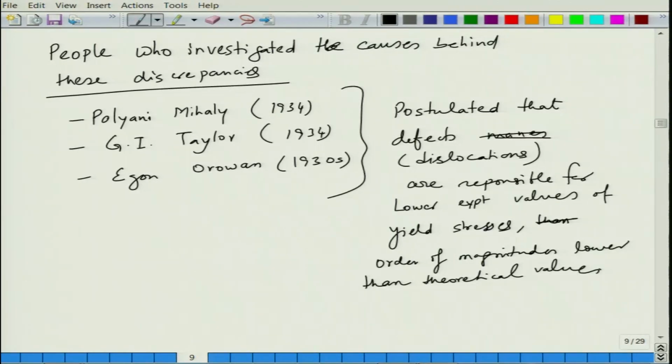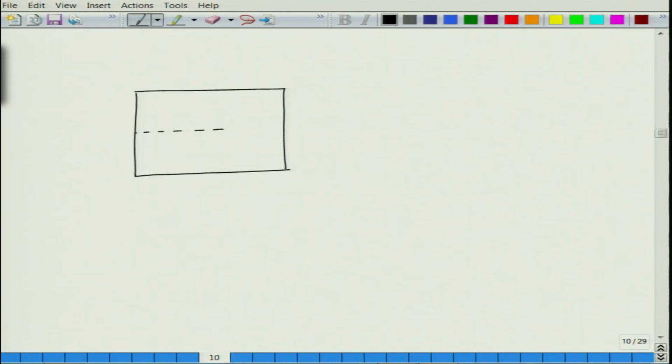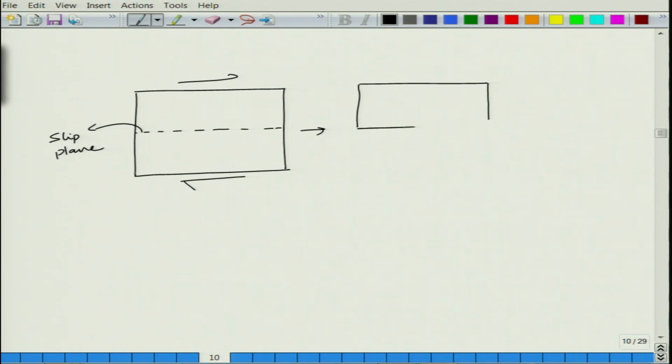So, basically what they suggested is that when you have this piece of material, and let us say this is the slip plane, when you apply stress, the slip produces a step. This is the step which is formed.